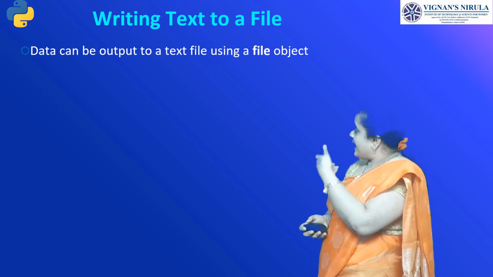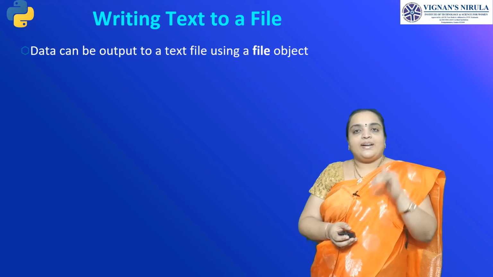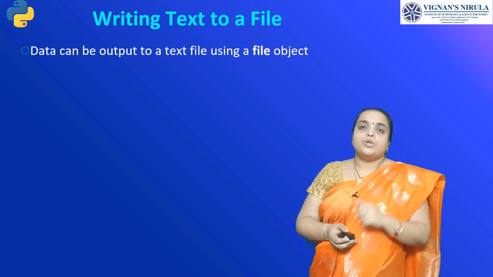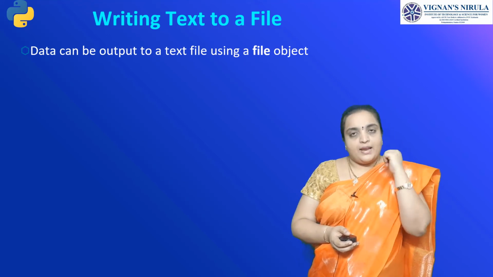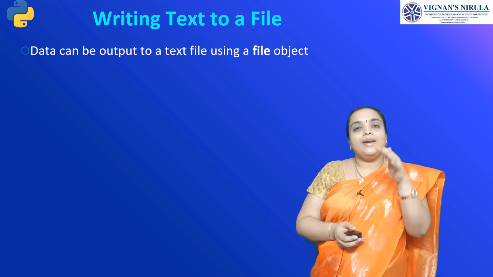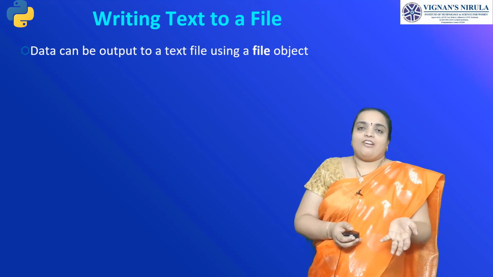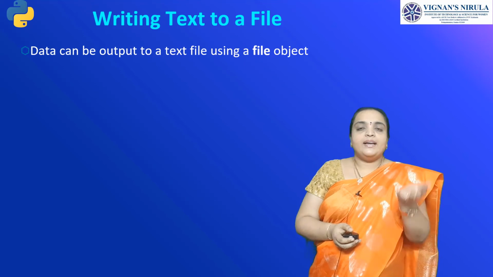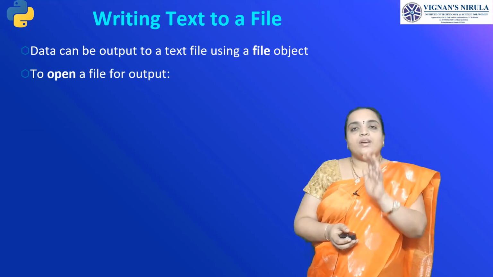Then coming to writing text to a file. How do you write text to a file? Data can be output to a text file using a file object. To do this, we first have to open our file, or else create our file. There is no separate command to create a file. Instead, the only command that we use is the one to open the file, and it can also create the file.